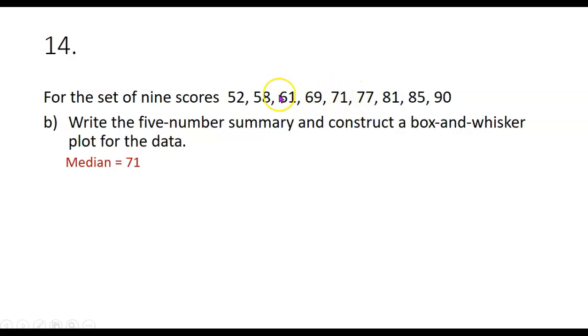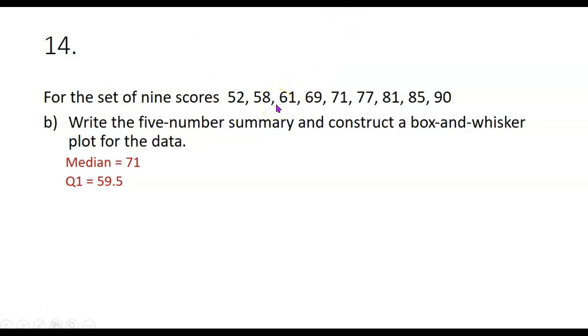So if you look at these 4 numbers that are below 71, the median of those would be halfway between 58 and 61. To find what's halfway between them, we can add them together and divide by 2. They add up to 119, divided by 2 is 59.5.